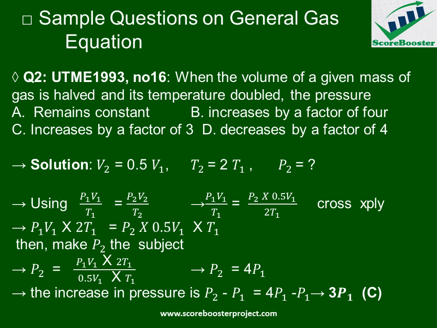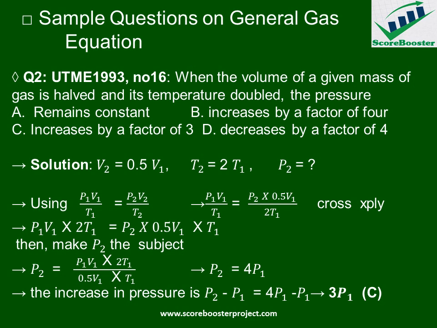Then also from the question, we are told that the temperature is doubled. Therefore, the final temperature T2 will be 2 times the initial temperature T1. Therefore, T2 equals 2T1. Then they ask us to get the final pressure P2.